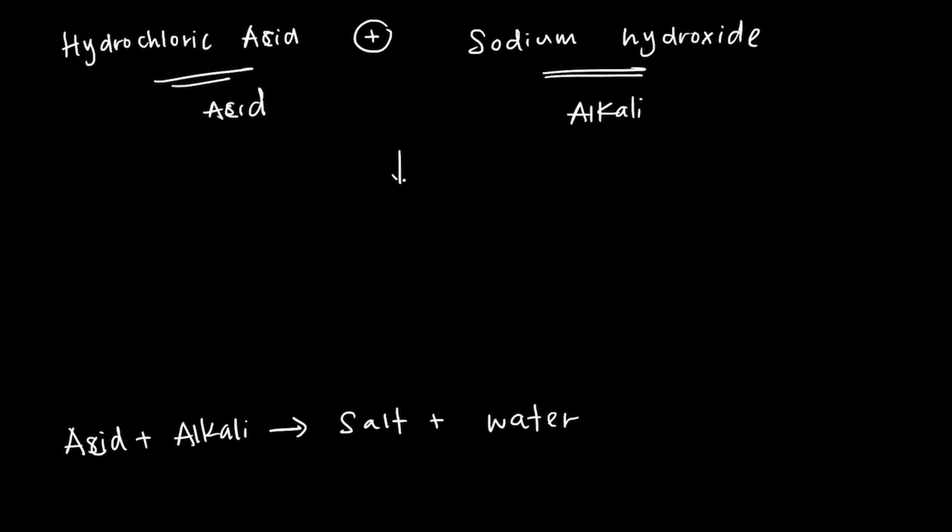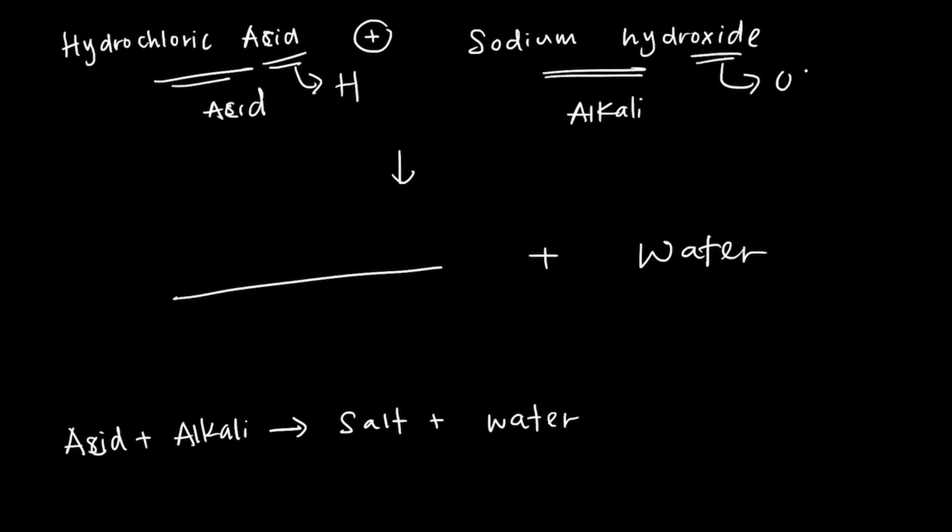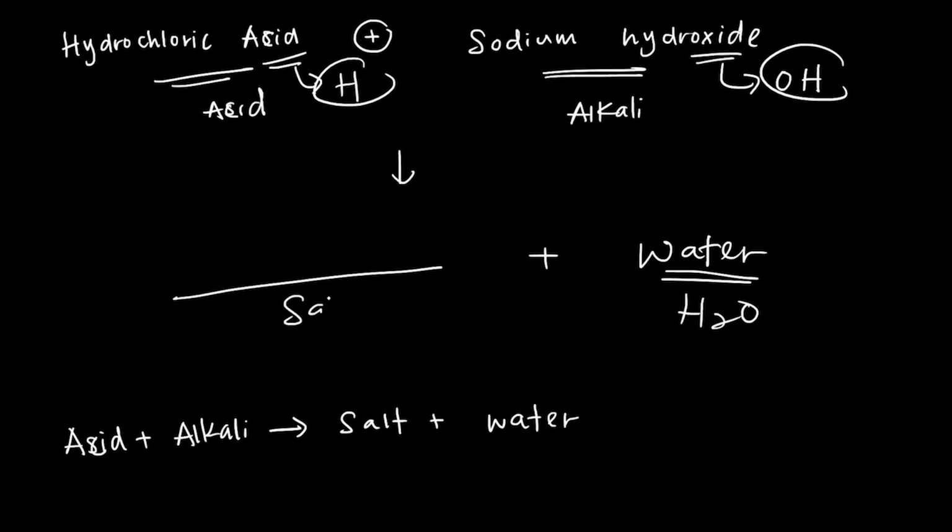Okay, so it will produce a salt plus water. Acid stands for H, while hydroxide stands for OH. So H and OH react together to become water, H2O. So what is the salt produced here? This one is the salt, and the salt will be neutral.